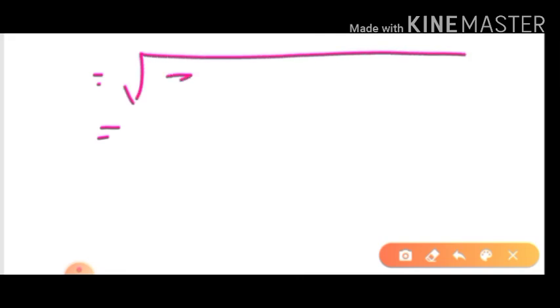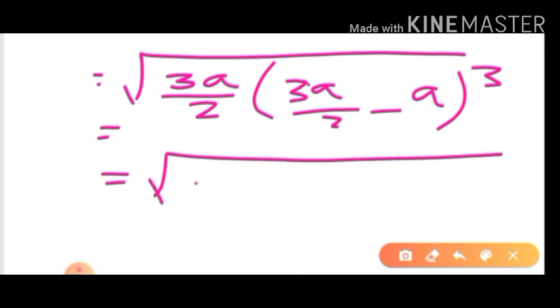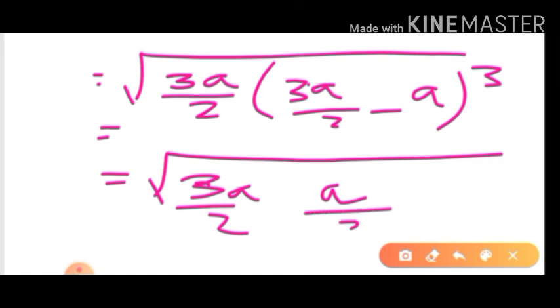Now put the values: s is equal to 3a by 2, so it will be the square root of 3a by 2 into 3a by 2 minus a, that is a by 2, whole cube.